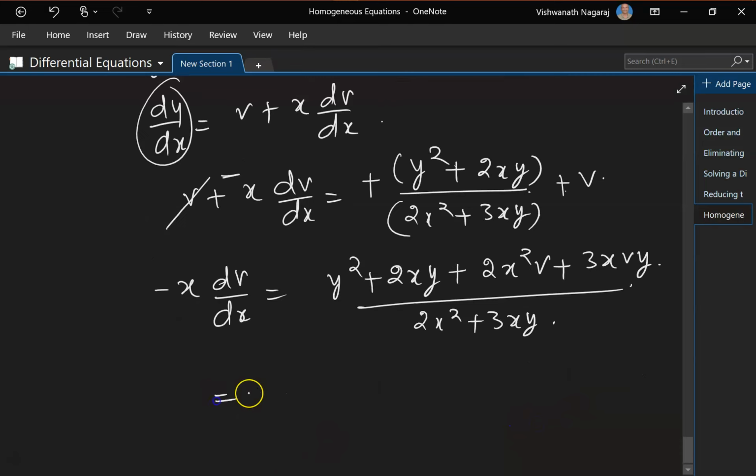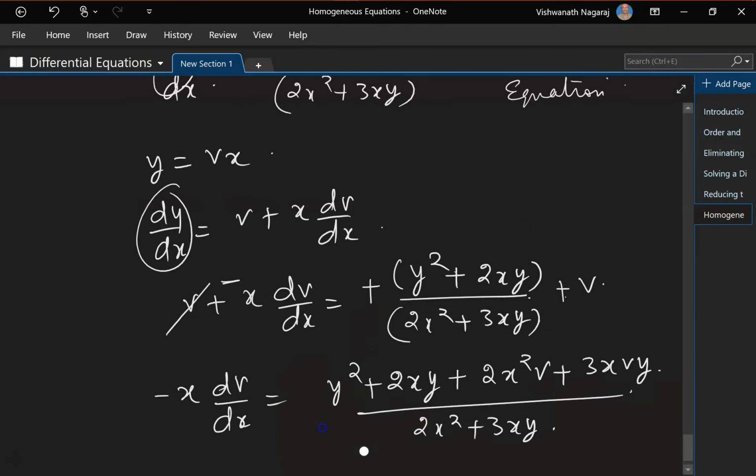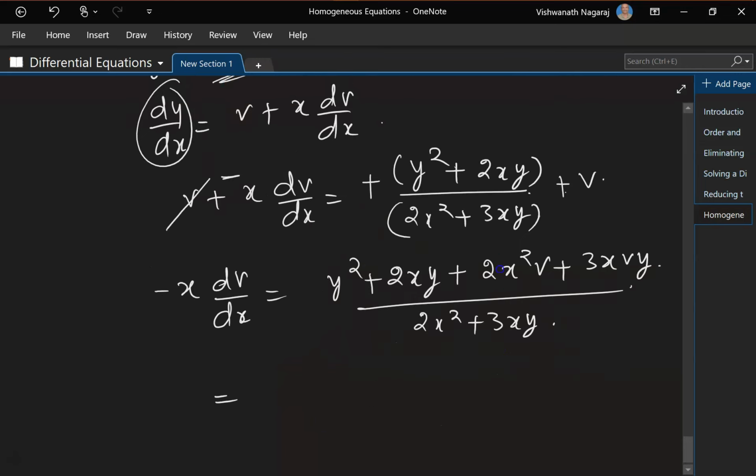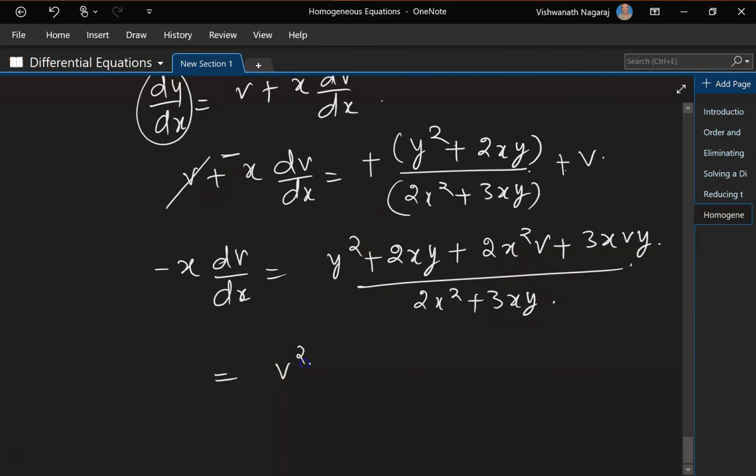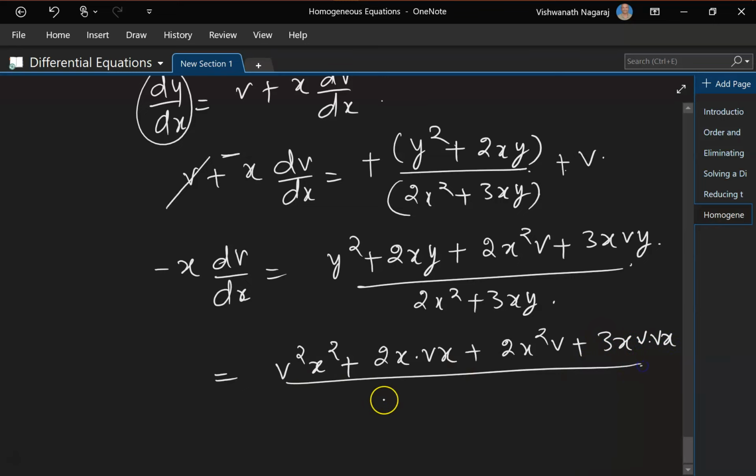Now let's substitute y with vx. Remember vx? Okay, so v square x square plus 2xvx plus 2x square v plus 3xvx by 2x square plus 3xvx.